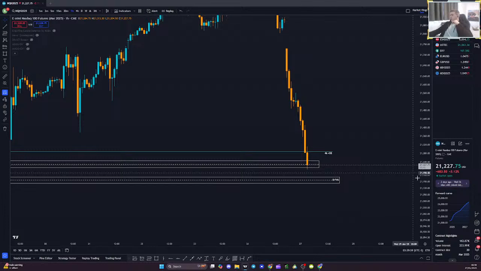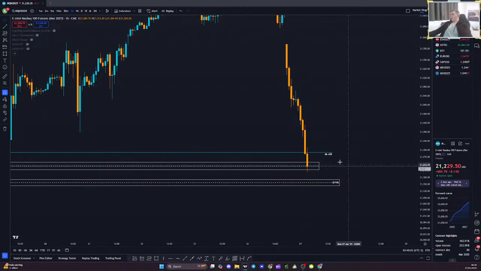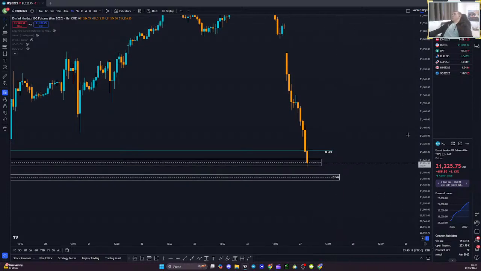Gonna be watching if this hourly manages to stay above the 50 of this order block, and then just watch how this plays out.